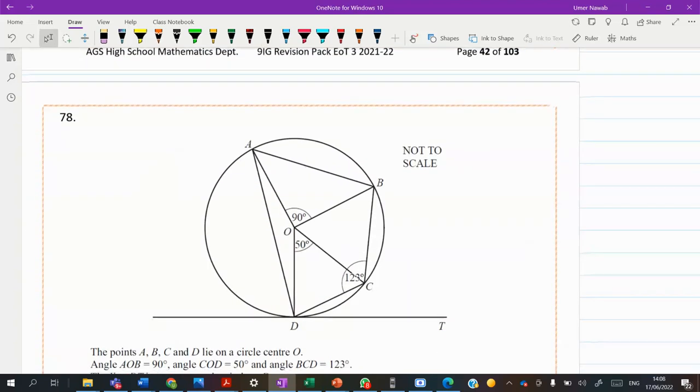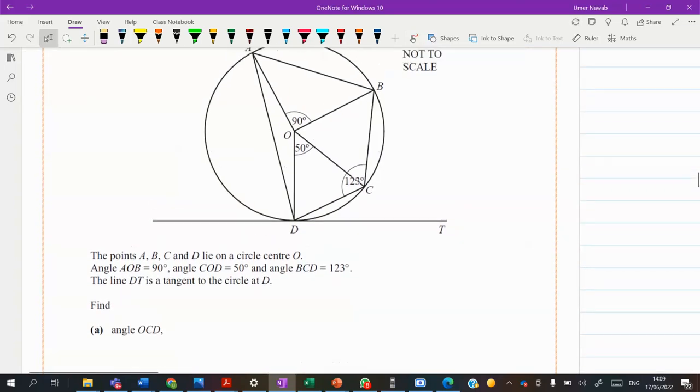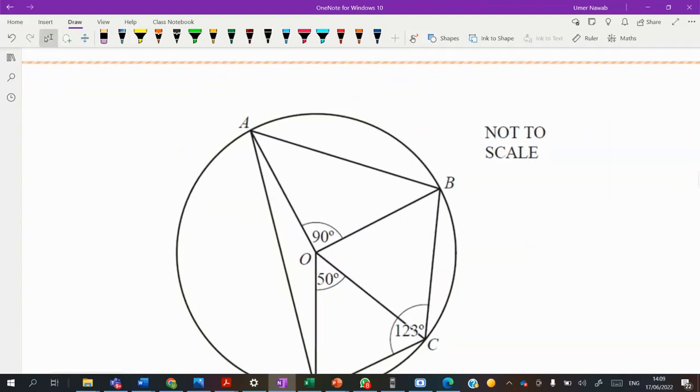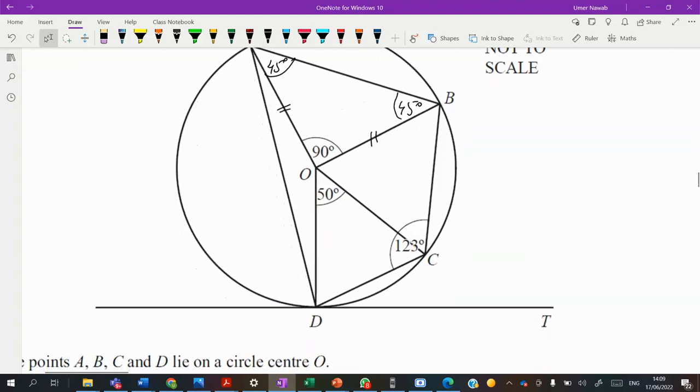Question number 78. OCD angle, we want to find it. Let me try to find all the angles for you. This is 90, guys, and this is an isosceles triangle. So that has to be 45 and 45. Next, if this is also isosceles, I can find this angle, which is 65, and this is 65.